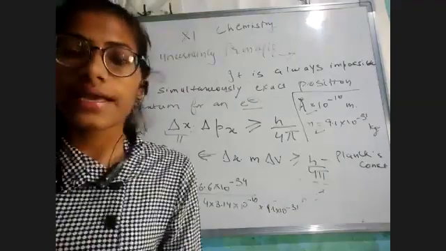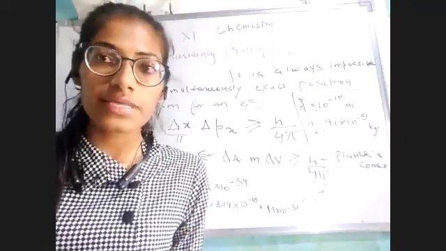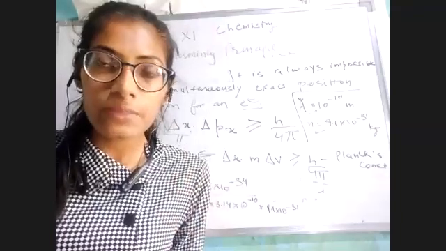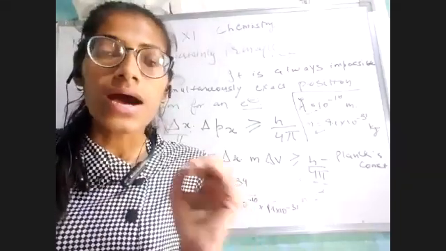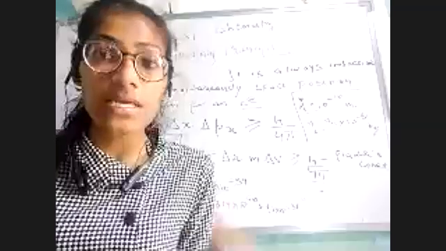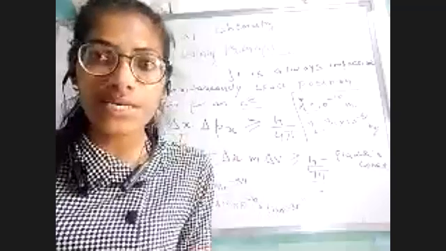So in this case, I just wanted to say to you that Heisenberg uncertainty principle as well as numericals based on it are very important. I'm damn sure that after seeing this whole concept, it's clear to you what actually Heisenberg uncertainty principle is and how you can deal with the numericals.